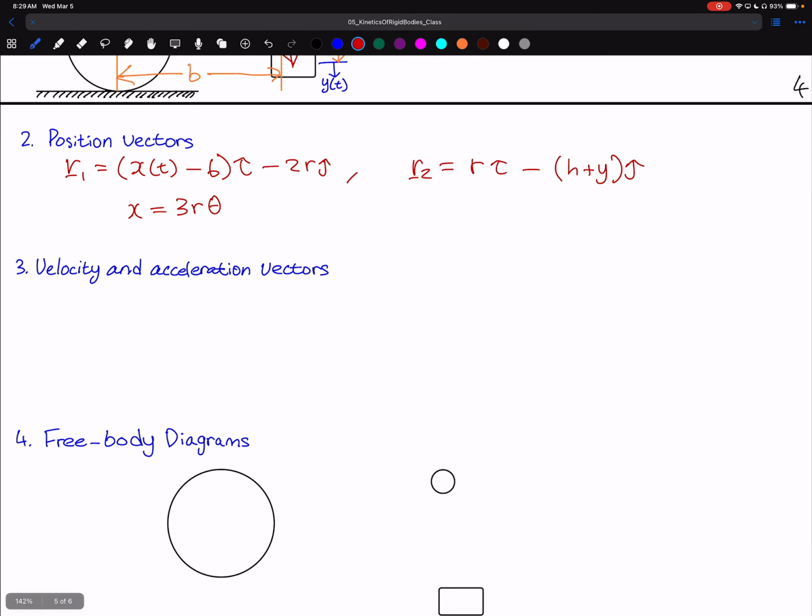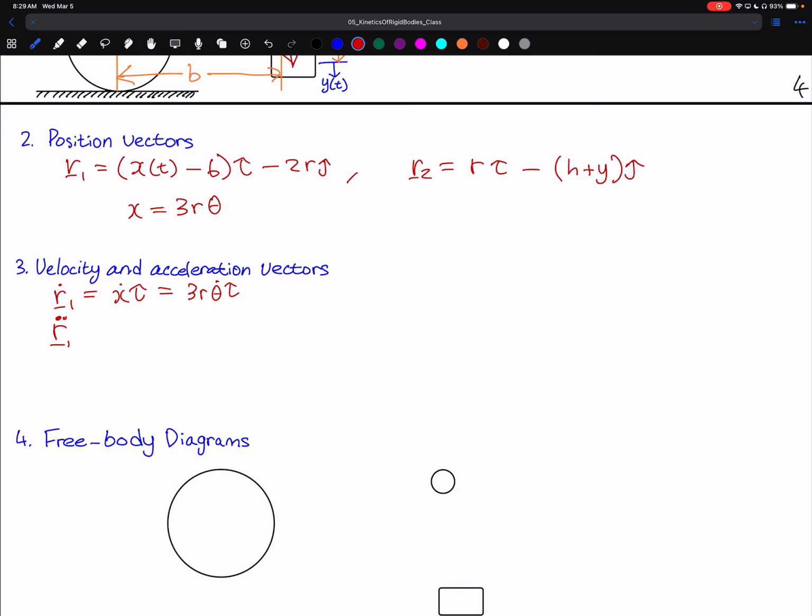All right, we're going to compute velocity and acceleration vectors, and then we'll stop for today. For the velocity vector, R1 dot, we're going to get x dot in the i direction, which will be equal to 3r theta dot in the i direction.